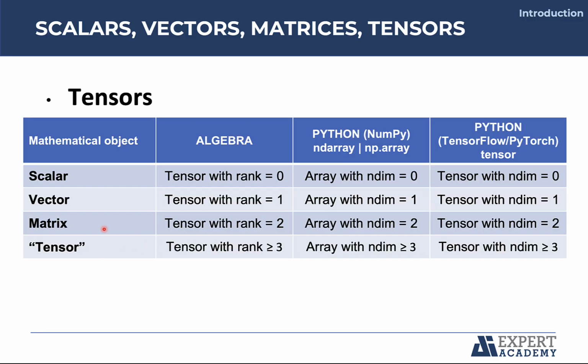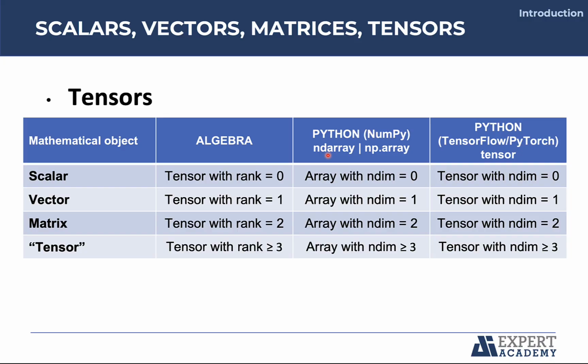In this table, we can visualize that tensors of rank greater than or equal to 3 are referred as tensors. In Python, we have two situations: in NumPy and in libraries specialized in neural networks, such as TensorFlow and PyTorch.